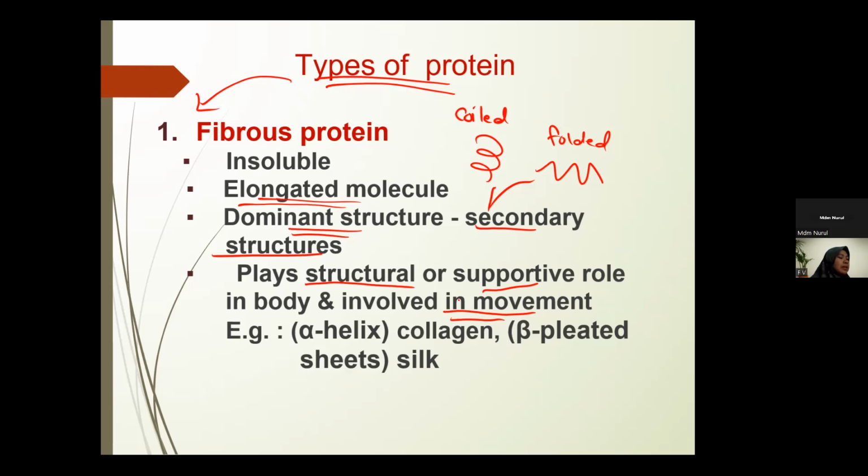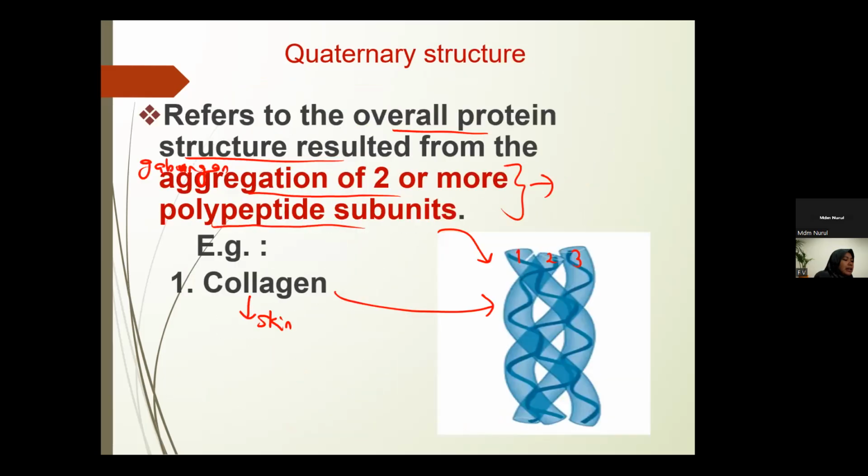Okay. Apa contoh fibrous protein? Collagen. Perasan tak collagen bentuk macam mana? Collagen kan bentuk dia? So ada tiga kan? Tengok gambar balik. Macam ni. Begitu. Okay. Buruknya lukisan aku tadi.